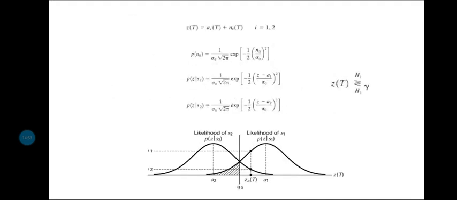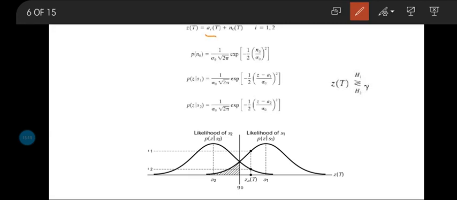z(T) is equal to a_i(T) plus n_0(T), where i goes 1, 2, 3 and so on, where a_i(T) is the desired signal component and n_0(T) is the noise component. To simplify, we can write z equal to a_i plus n_0.